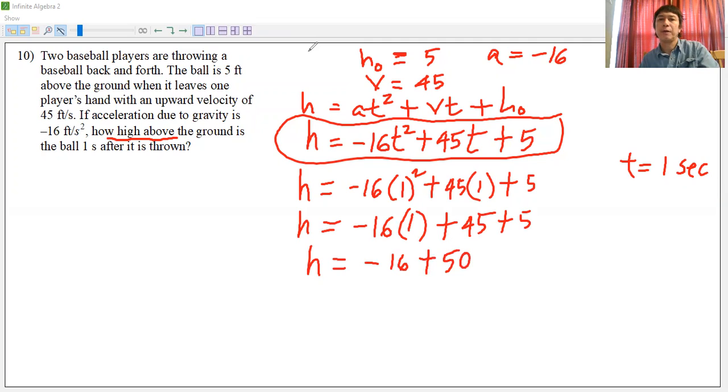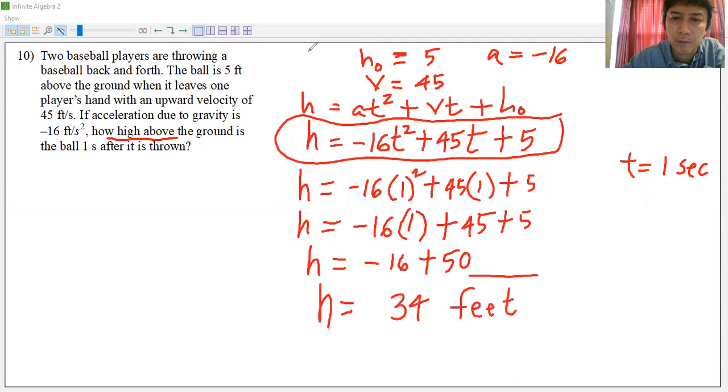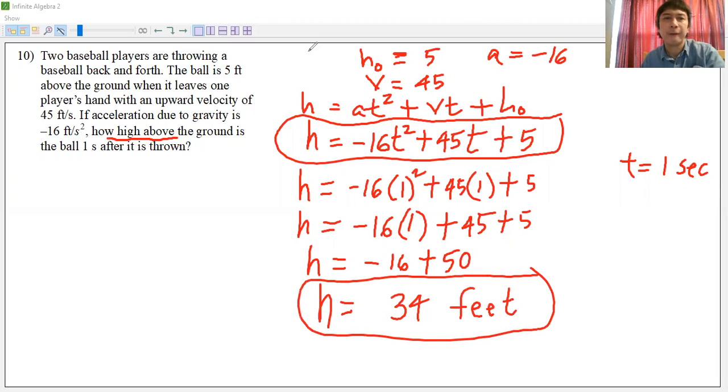That looks like 34 feet. That's 34 feet. I hope that exactly describes the requirement. Let's check. It's 34 feet over here. That will be for number 10.